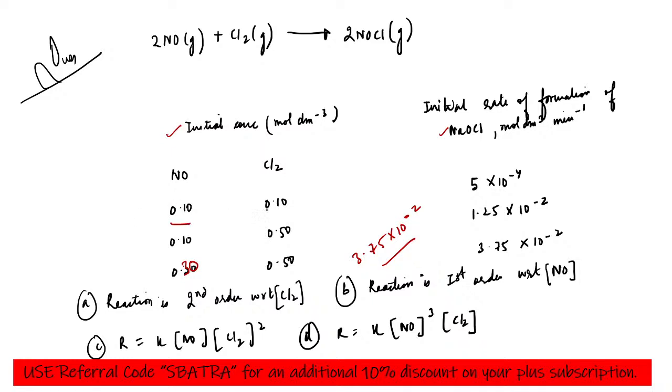This is 0.10, 0.10, and the value is 5 into 10 to the power minus 4. 0.10, 0.50, 1.25 into 10 to the power minus 2. 0.30, 0.50, 3.75 into 10 to the power minus 2. So these are 6 values given. Yes, this is 0.30.